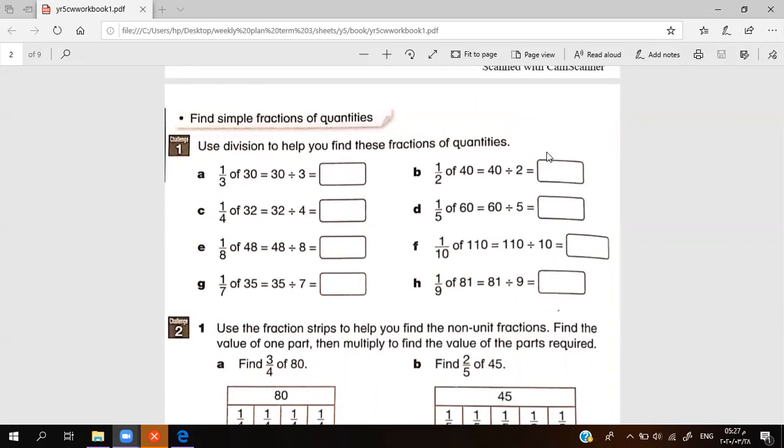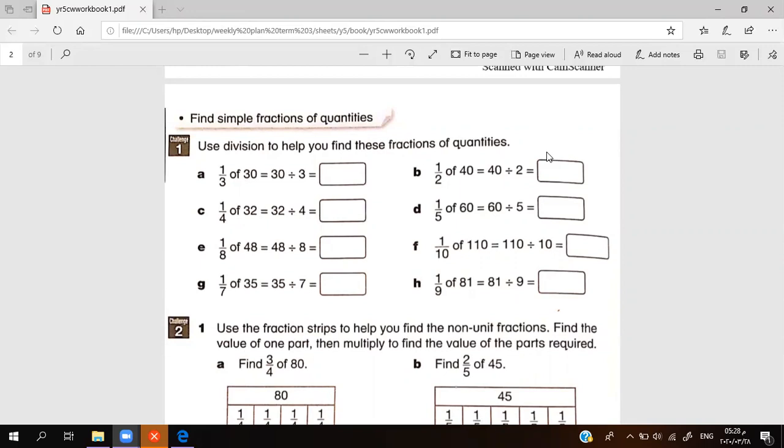What does this mean? I'm going to give you a number and ask you to find an eighth of this number, or 2/3 of this number, or 4/6 of this number. No matter what I give you, I will now teach you a way to find the answer.